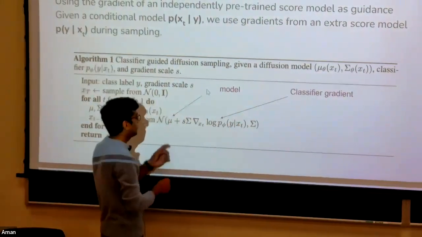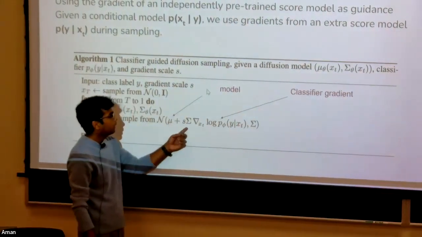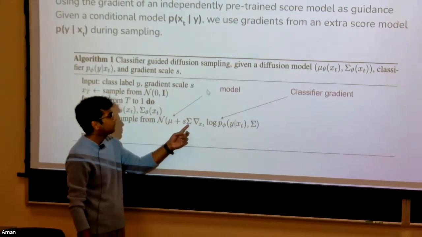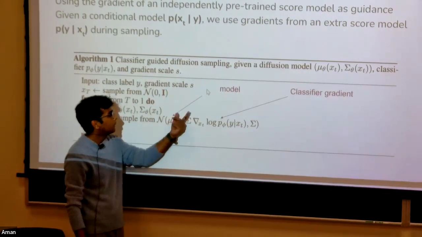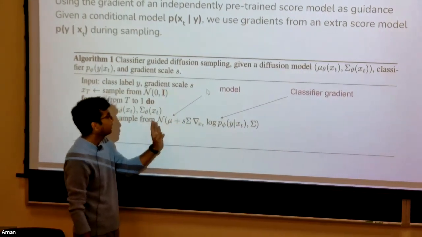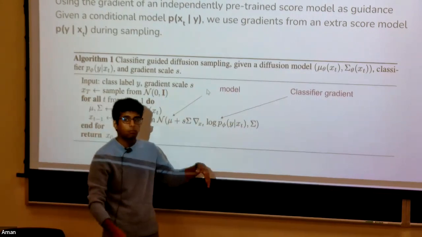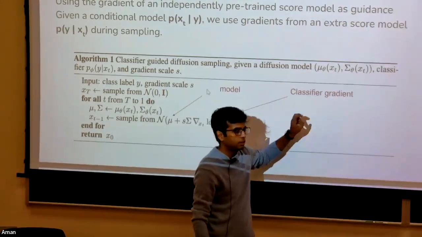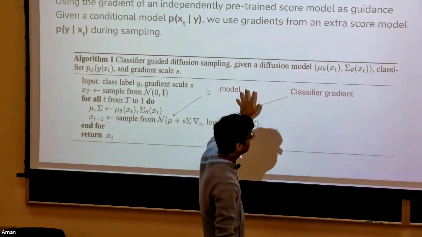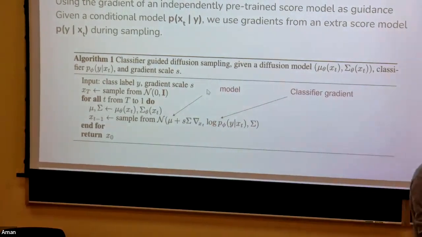So here on the slides, this is what the model is, which is just predicting the mean. You can see that the standard deviation is now not predicted by the model. So you just have the model predicting what your distribution is from which you want to sample. But you also want to take into account this classifier gradient. And these two models, the classifier itself, are completely independently trained.